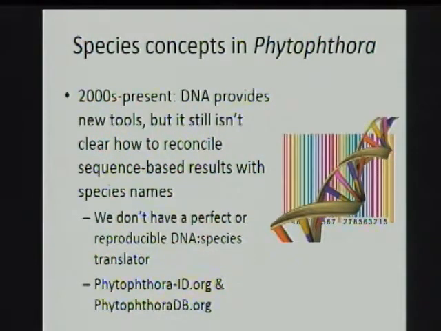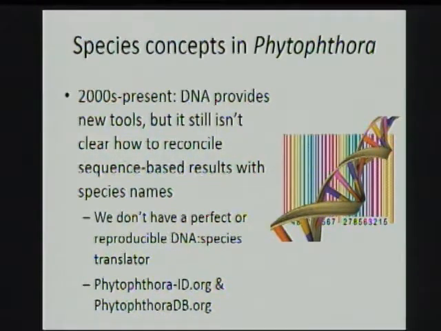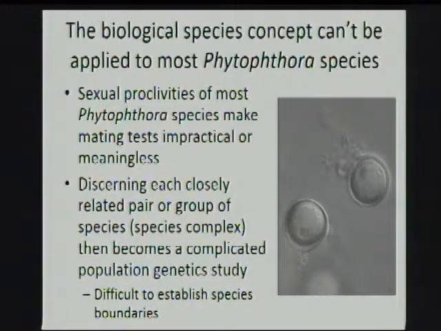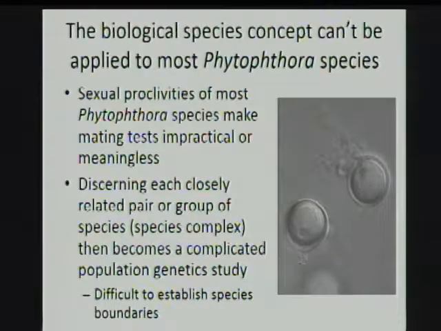And then finally, bringing us to the present, we have all these new tools, but we still haven't figured out exactly how to work them. What we really need is a DNA to species translator, and we are working on it. These are our closest bets, but they're still in process of being developed.